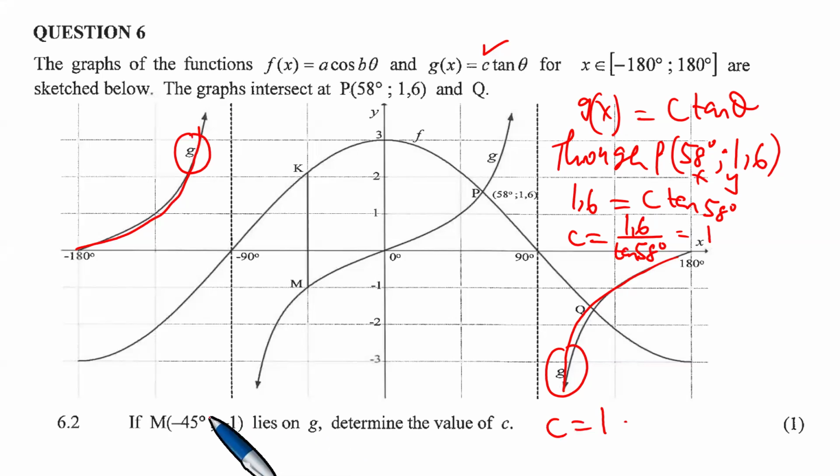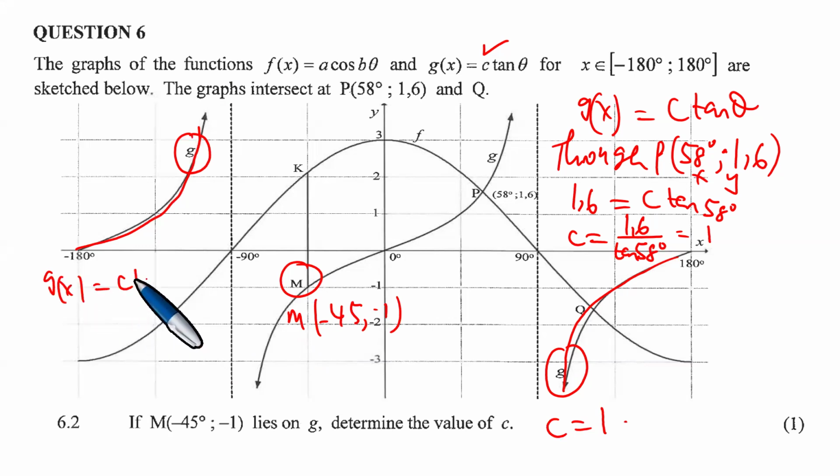But also you are told that the M is given, which would give a more accurate result. If M is minus 45 and minus 1, you would use the fact that y is c tangent of theta, with the coordinates minus 45 degrees and minus 1 as x and y.